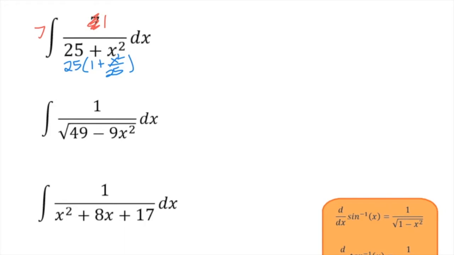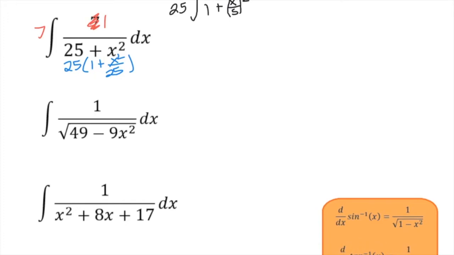We've got 7 over 25 times the integral of 1 over 1 plus, and before I write x squared over 25, I'm going to do a little work to make it something squared that equals x squared over 25. If I made this x over 5, check yourself: yep, x squared, 5 squared. What I just did was turn it into something that really looks like the inverse tangent.